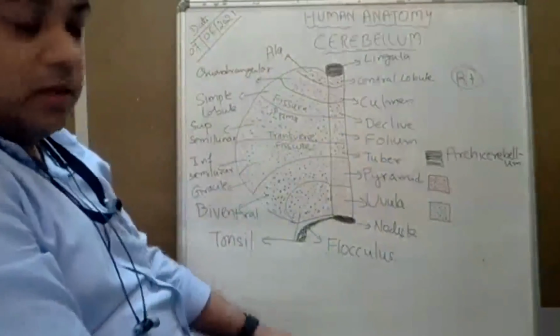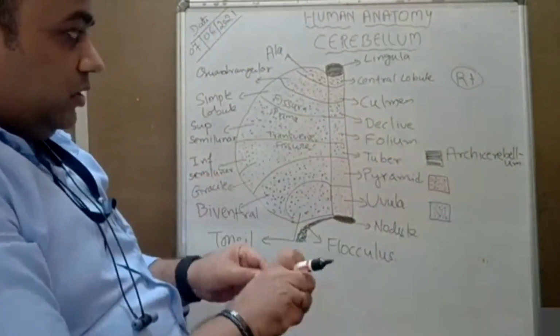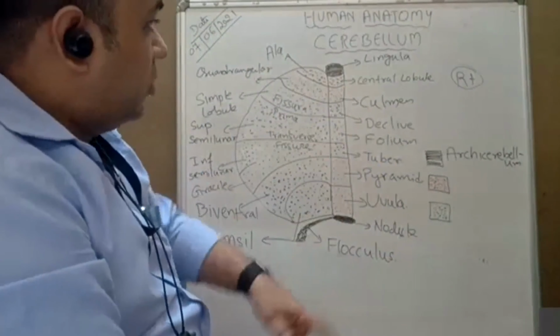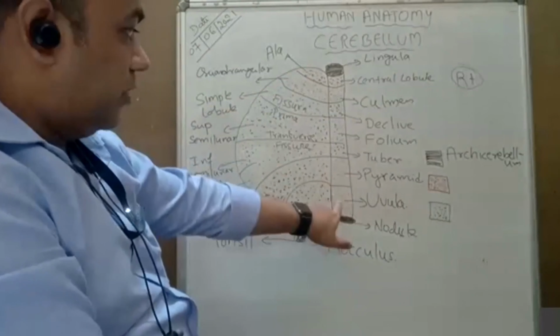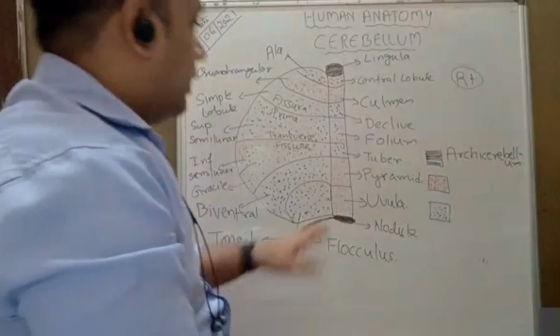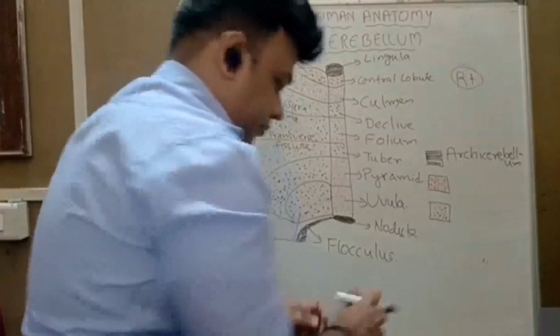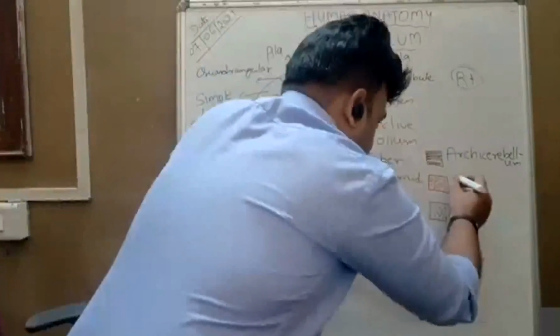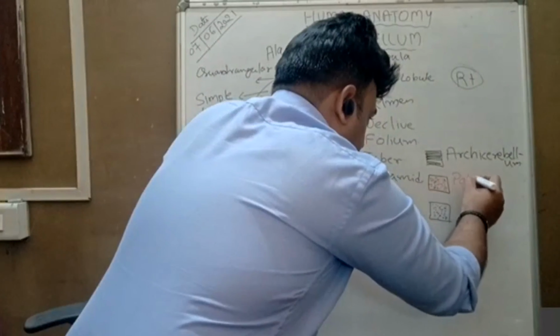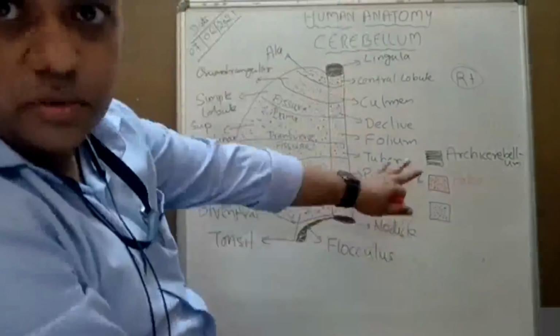ठीक है. जो बीच का आता है means central lobule, culmen, ala, and the quadrangular lobule, pyramid and uvula of the vermis on the inferior surface. They are the parts of paliocerebellum. Are you able to see paliocerebellum?